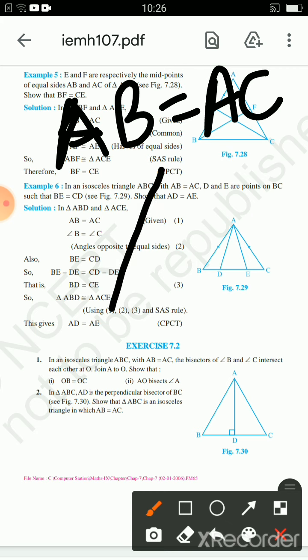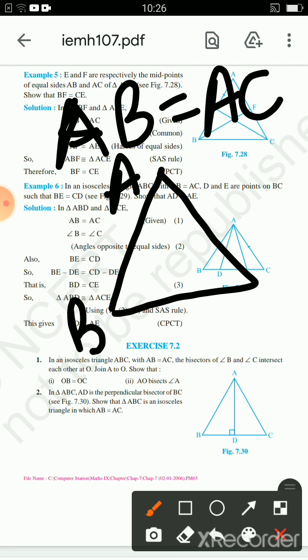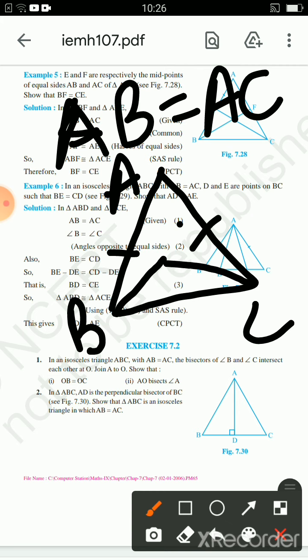So draw the triangle ABC. AB is equal to AC. The bisectors of angle B and angle C meet at point O. Okay, join A to O. So joining A to O, you have to show that OB is equal to OC.